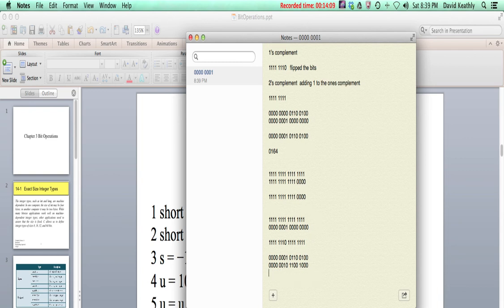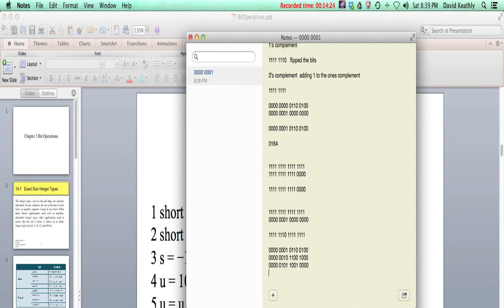That's one shift. Next shift, we got 3 zeros left, and then we pick up a 0. We have 0, 1, 0 left, and we pick up a 1. We have 1, 0, 0 left, and we pick up a 1. And then we have 0, 0, 0 left, and we pick up a 0. And then the last shift, we have 0, 0, 0 left, and we pick up a 0. We have 1, 0, 1 left, and pick up a 1. We have 0, 0, 1 left, and we pick up a 0, and 0, 0, 0, 0.